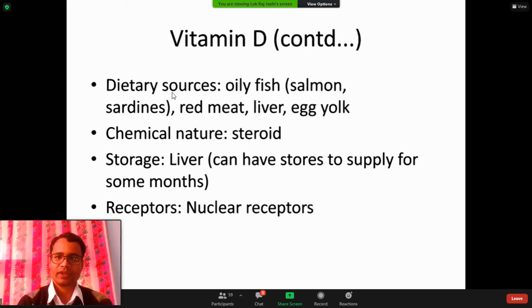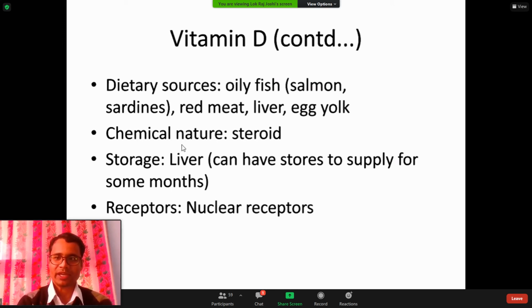There are some dietary sources also, like oily fish, red meat, liver, egg yolk, etc. And you can see it is rich in non-vegetarian diets. Therefore, vegetarians may be at risk if they are not exposed to sun.